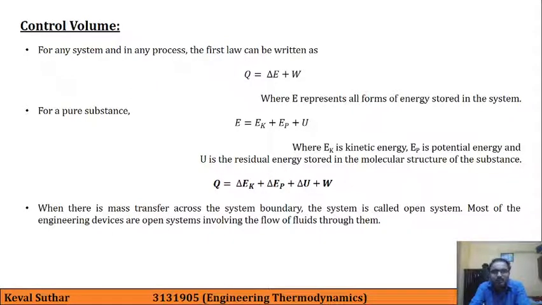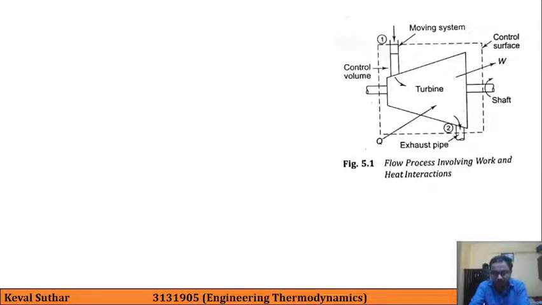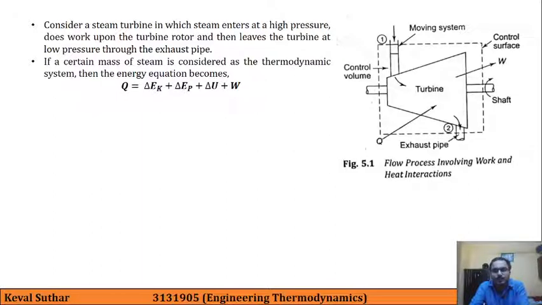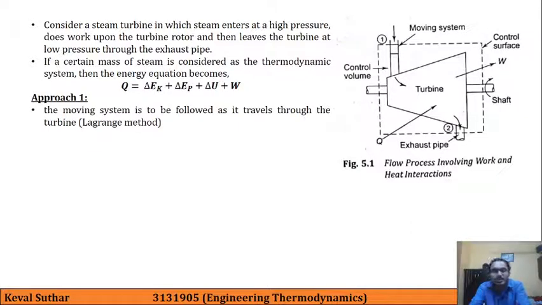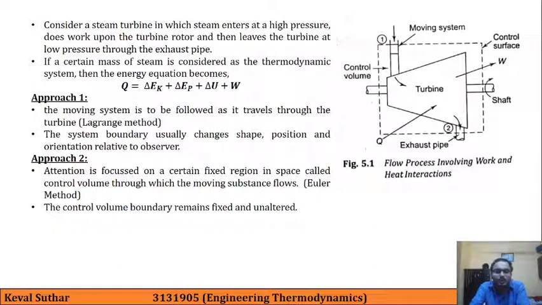Most of the engineering devices are open systems involving flow of fluids through them. We took an example of a turbine in which we defined the control volume and control surface. There were two approaches, Lagrange method and Euler's method, and throughout this chapter we are going to apply the Euler's method.